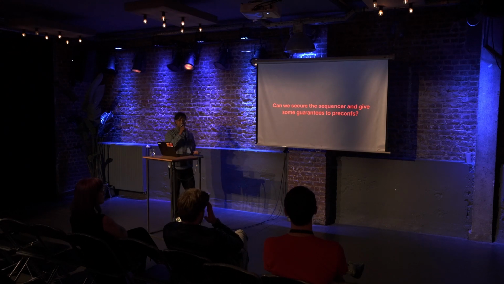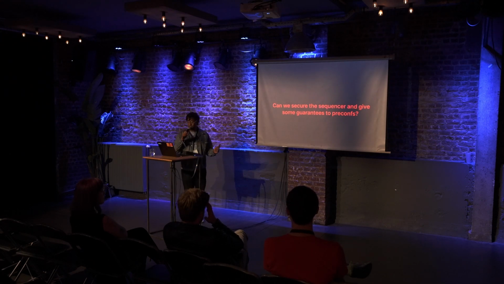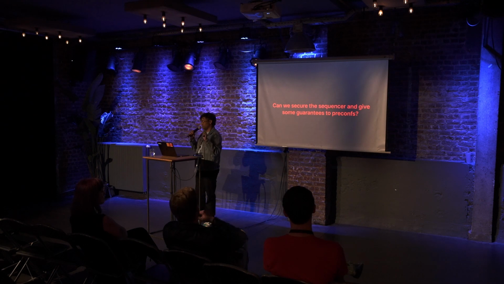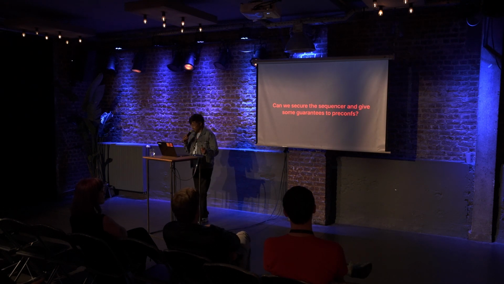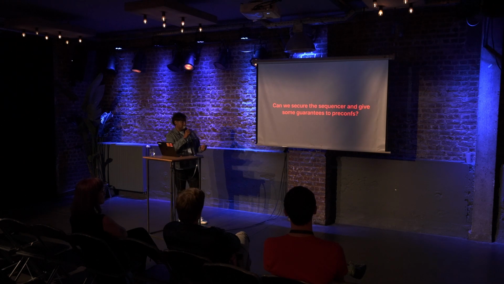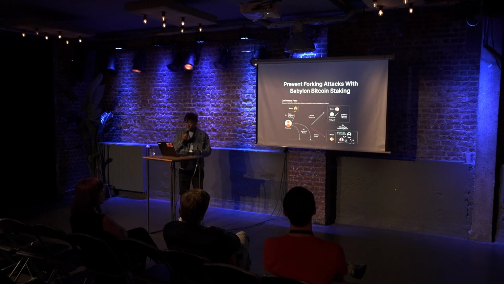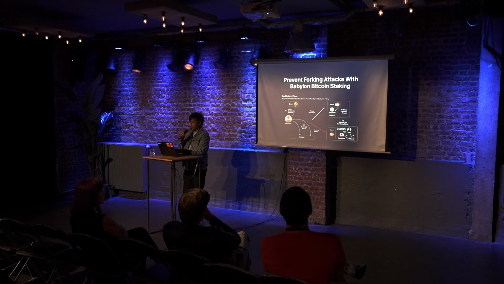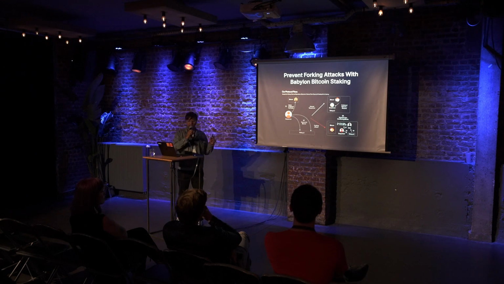All right, so sequencers are, at least in the Ethereum world, known to be really centralized. How can we give them some guarantees so it's more secure? And one approach I like for that is Bitcoin staking.